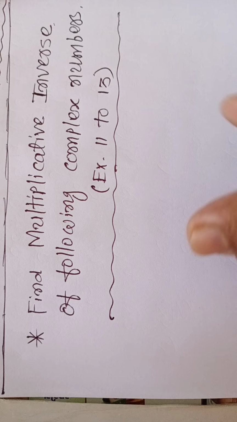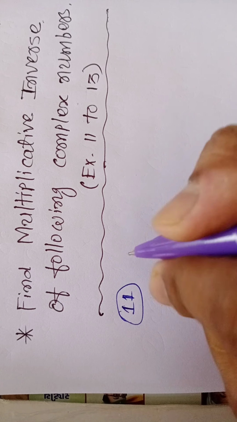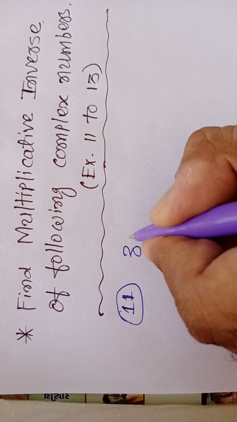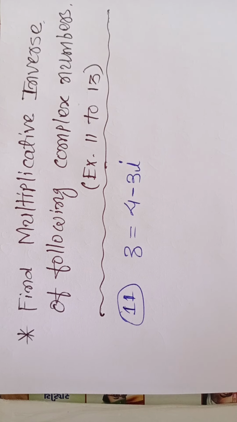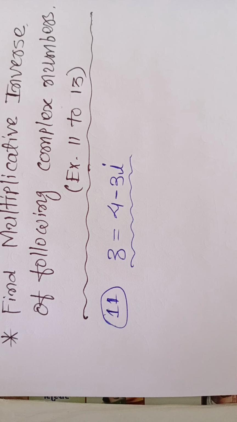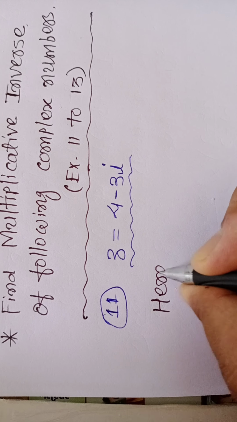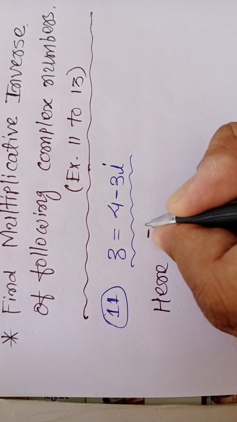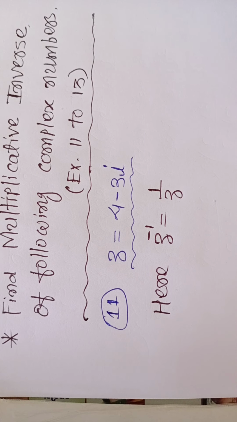Question number 11 is this: a complex number z equals 4 minus 3i. This is the given complex number. So what do we have to do? We have to find the inverse. Here z inverse can be written as 1 upon z. Inverse means reciprocal, which is 1 upon z.